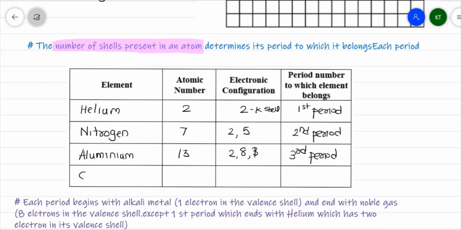Then let me take calcium. The atomic number of calcium is 20, and the electronic configuration becomes 2, 8, 8, 2. I have 4 shells: K, L, M, and N. As the number of shells is 4, calcium belongs to the fourth period. So the number of shells present in an atom indicates the period number to which the element belongs.